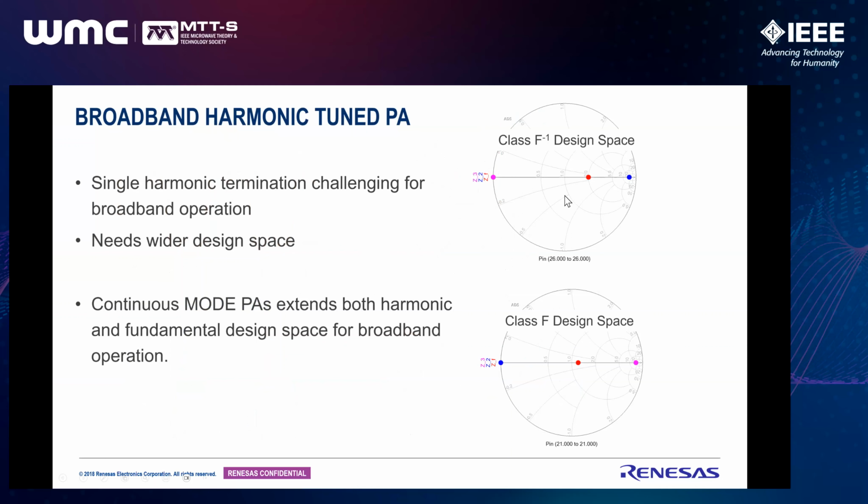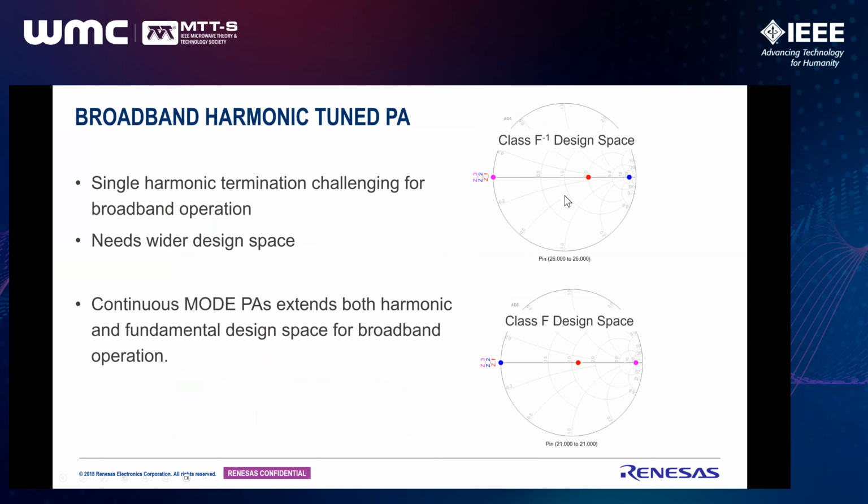Similar thing happens for continuous mode class F. Again, for class F, its current is same as class B, and voltage shaping again happens from its rectangular-like voltage waveform. It introduces reactive components into the voltage, and that way it shapes the voltage from rectangular to left and right. Voltage peaking happens.